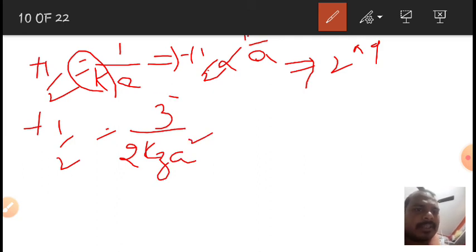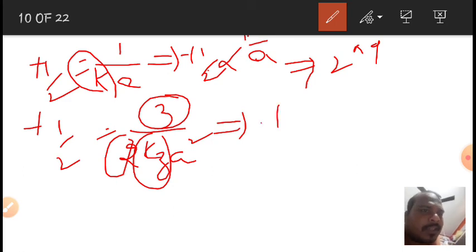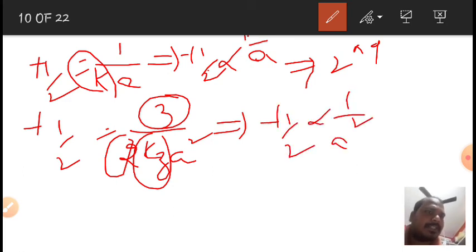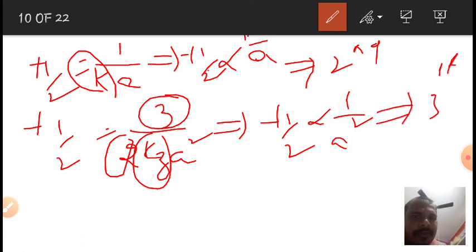So here k3, k2, k1 are all constants. So t half is inversely proportional to the square of the initial concentration. It is for third order reactions. So if you observe all these things, for third order reactions the power is 2.